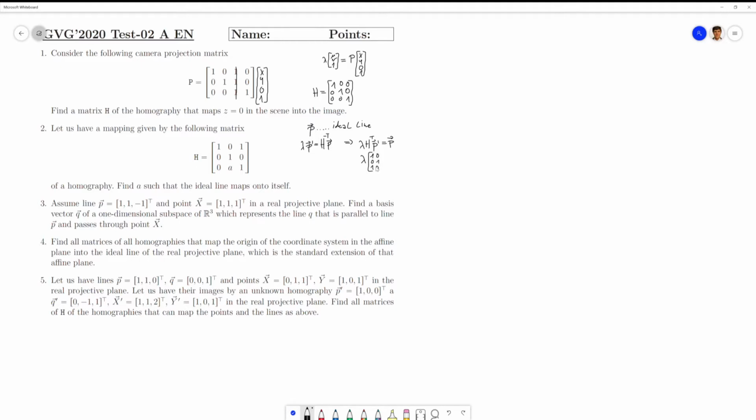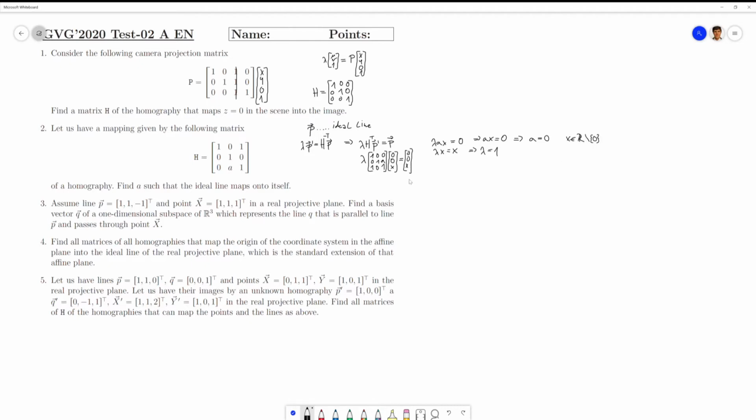If we assign the values to the equations lambda times H transpose times p prime equals p, we will get three equations with three unknowns. So we will get the equations lambda a x equals 0 and lambda x equals x. Therefore lambda is 1. We know that x is some real non-zero value, and therefore the parameter we are searching for, a, is equal to 0.